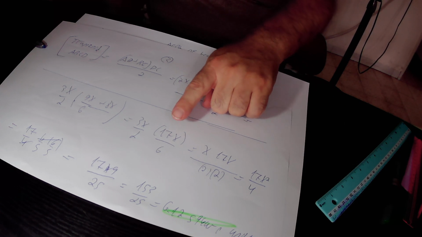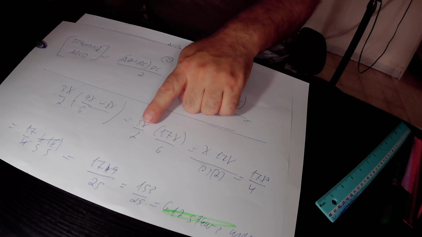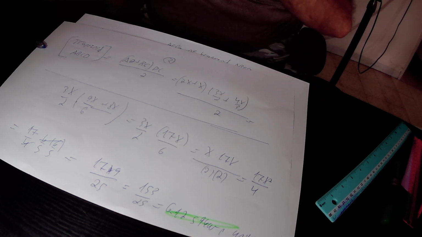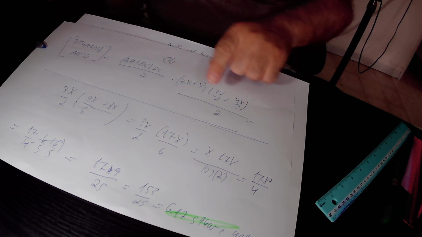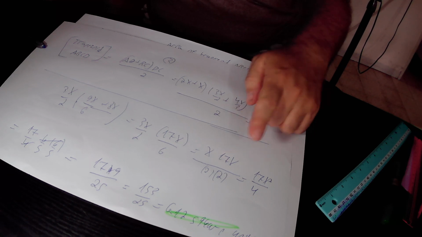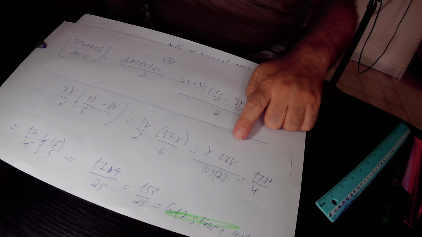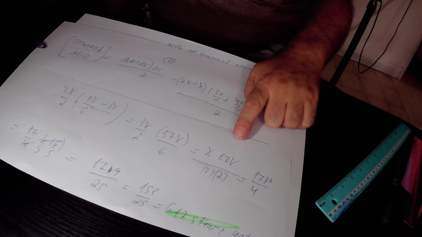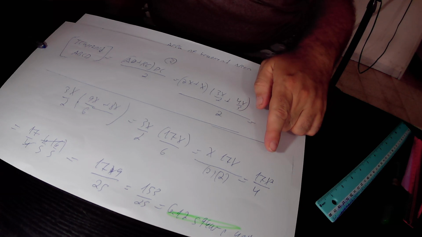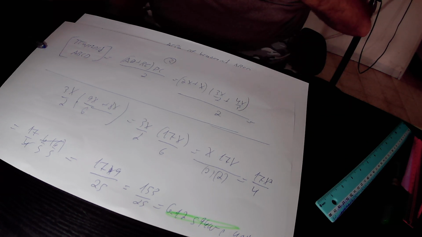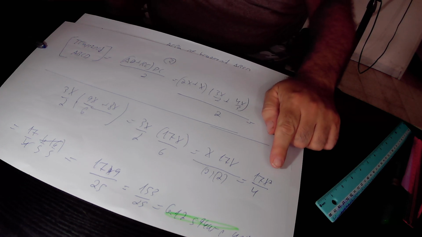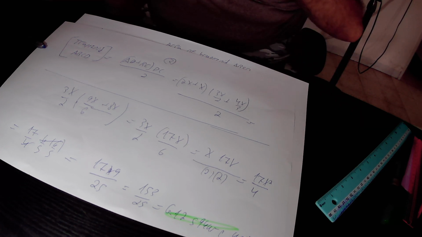So we have 2 times 2, which is 4. The area of trapezoid ABCD equals 17x squared over 4.